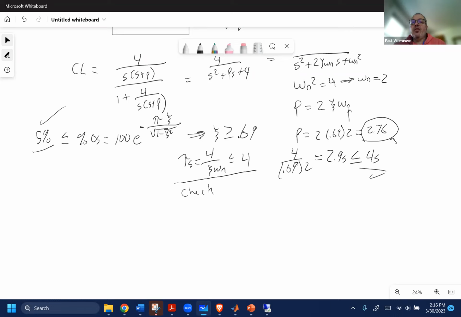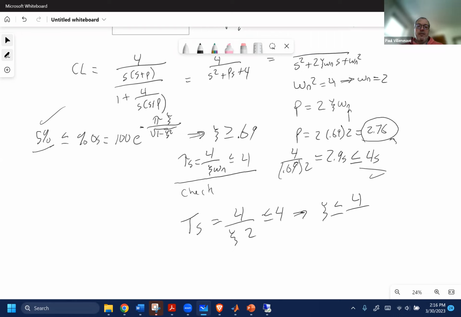You could have tried the other way around, but if you had gone through and you had said, all right, well, let's do my settling time first. My settling time is 4 over zeta times 2, and that has to be less than or equal to 4, which means that zeta would have to be less than or equal to 4 over, what am I doing wrong here? I did this correctly.